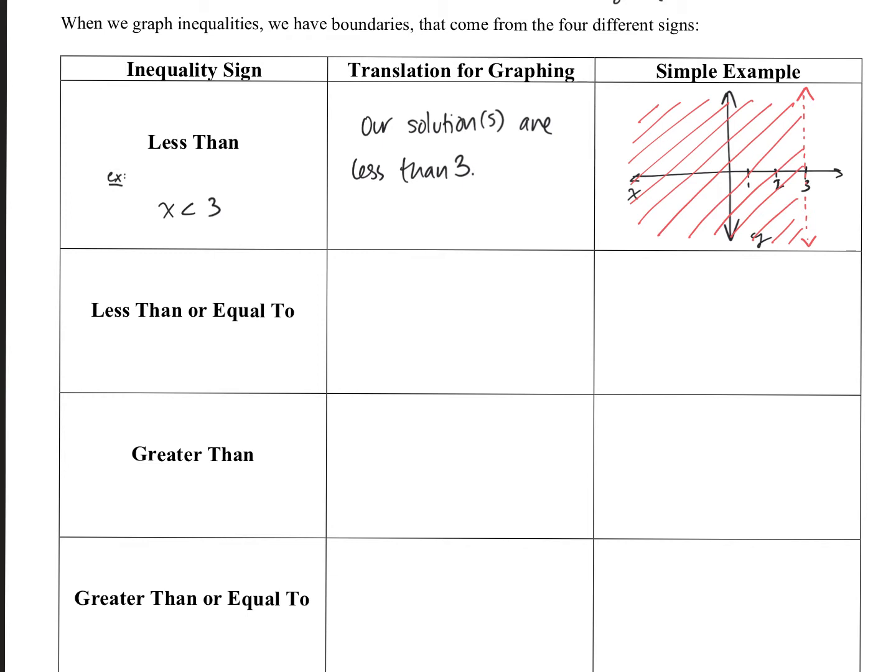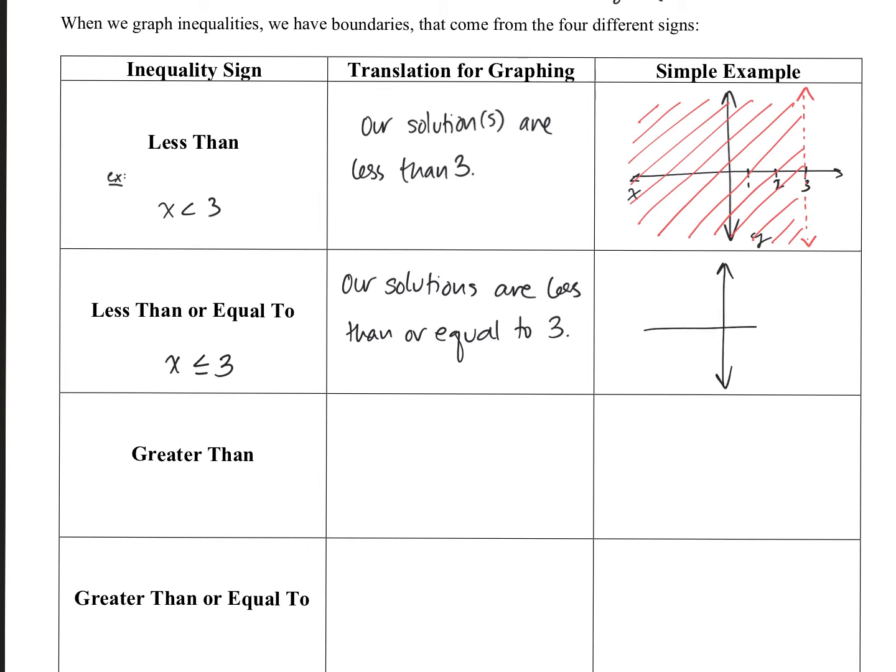Now let's take a look at less than or equal to. Let's continue with the example of 3. So x is less than or equal to 3. So once again, our solutions are less than, but this time, or equal to 3. So let's go ahead and drop in our graph again. x and y.